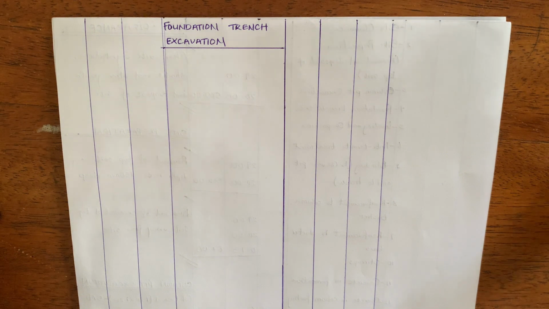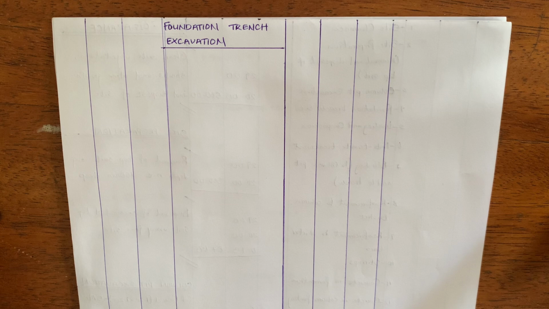Now the width of the trench is already given as 675 mm. We do not know the total distance or the total perimeter of the trench, and we do not know the depth of the trench, so we are going to be finding those two things.